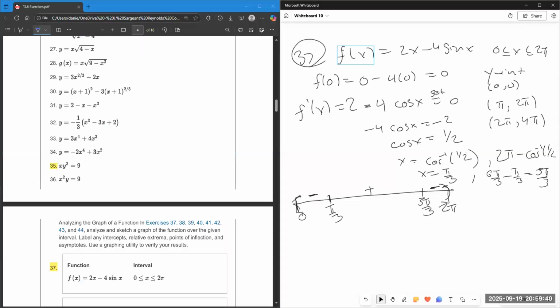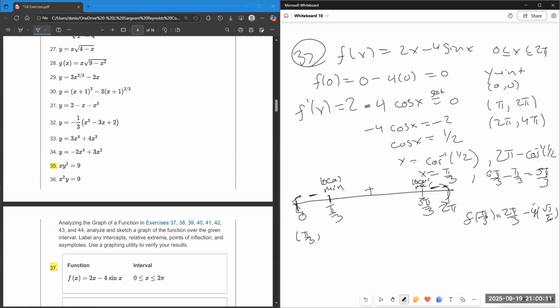So that gives me a local min at pi over 3 and a local max at 5 pi over 3. So this is going to be pi over 3, and f of pi over 3 is 2 pi over 3 minus 4 times the sine of pi over 3, which is root 3 over 2.